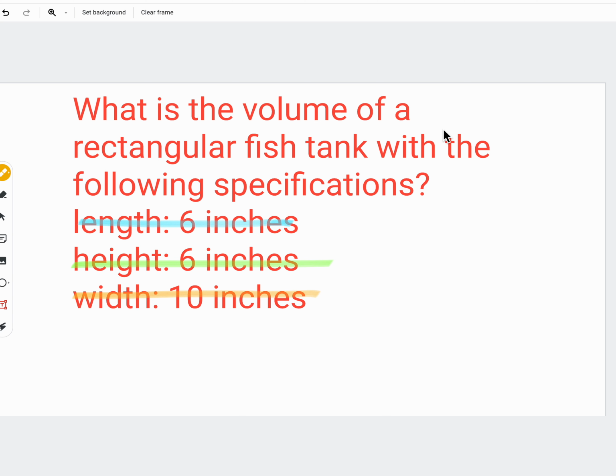Here we can refer back to our volume formula. Volume equals length times width times height. Let's plug in our numbers. 6 times 10 times 6.